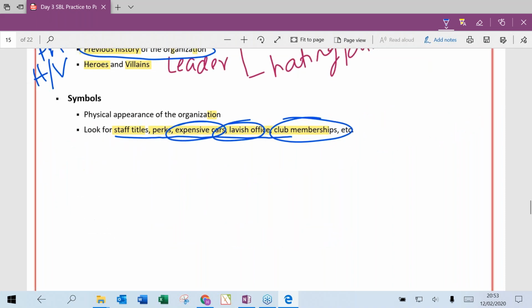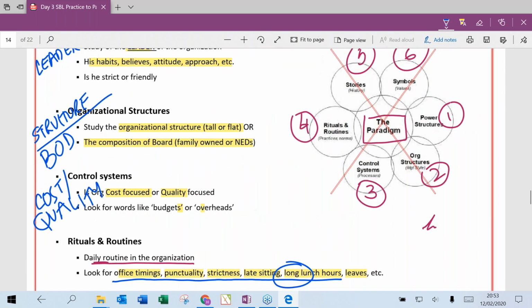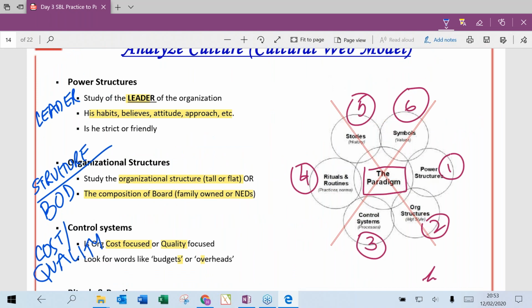Right, that's it. As long as you know what to look for, we will be able to handle a case on culture. And please do not draw this diagram in your answer. We will just use the model without using the diagram.